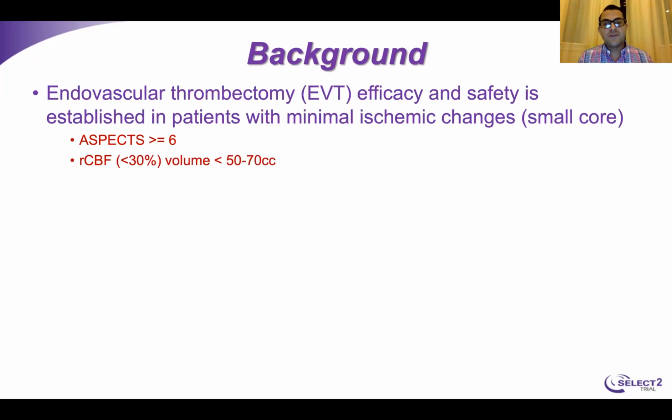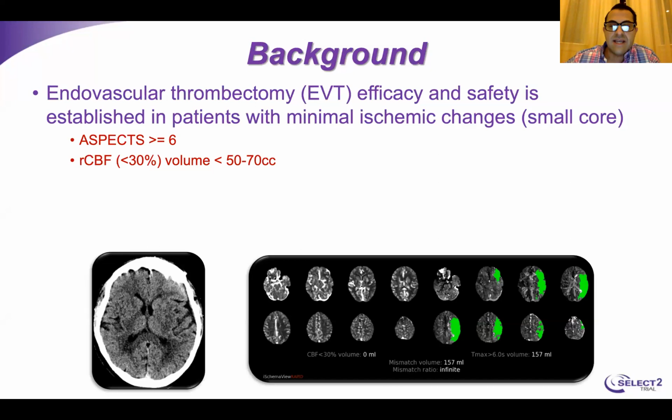The cerebral blood flow, which in our studies was calculated to be less than 30% on CT perfusion, the CBF volume, had to be less than 50 to 70 cc's. Based on the RAPID definition, iSchemaView's RAPID software, that was the definition of core if you used CT perfusion. These are just some examples of patients enrolled in SWIFT PRIME and other studies.